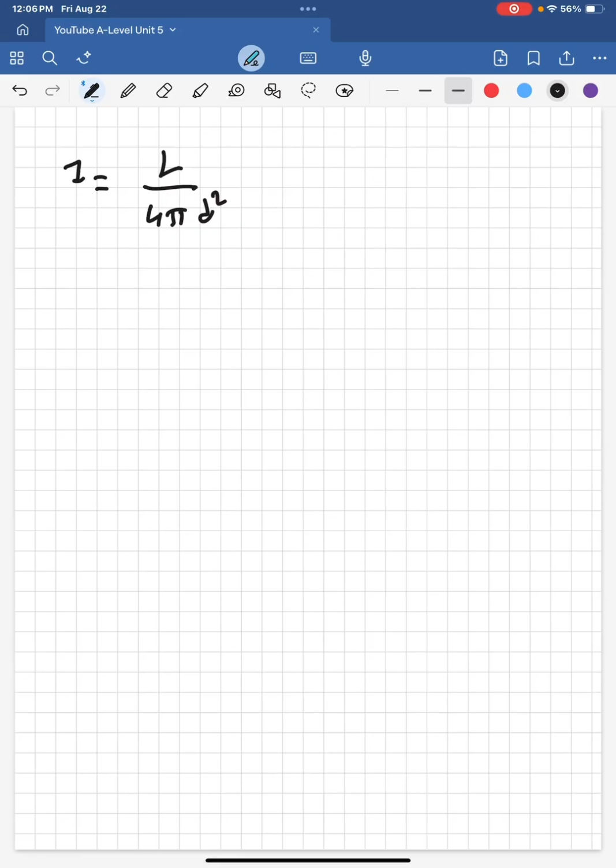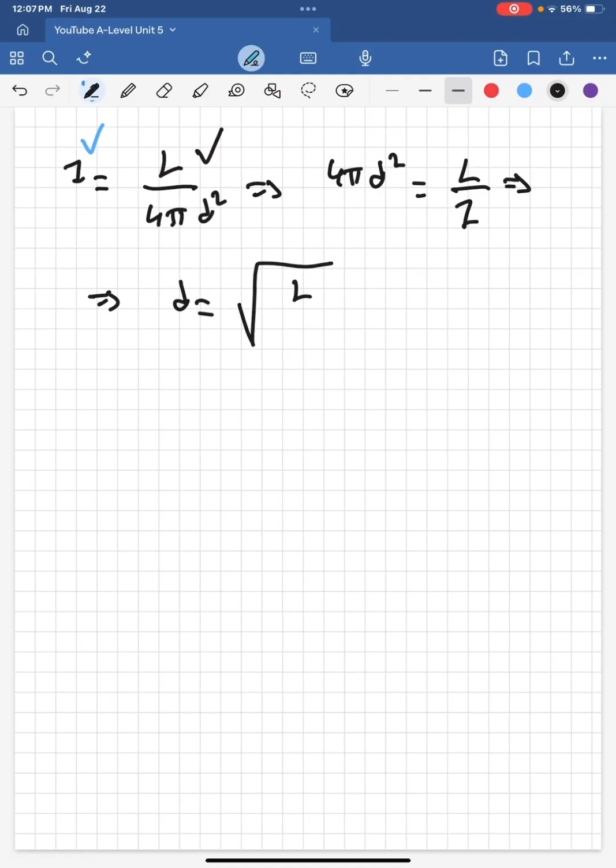So if we know L, and if we measure I, we can simply solve for D. 4 pi d squared is L over I, so D is the square root of L over 4 pi I. Let's do a quick example.